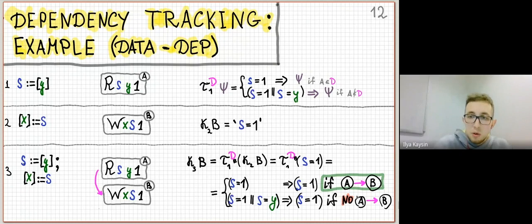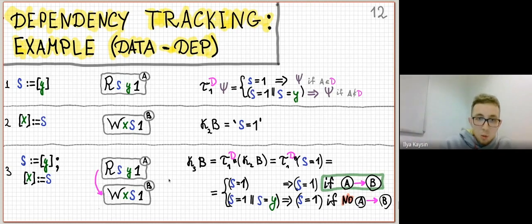But if there is no H from A to B, then we transform s equals 1 by adding premise s equals 1 or s equals y, and this is not a tautology. So if there is no H from A to B, kappa of B is not a tautology, and our consistency predicate rejects this graph, because it requires all the kappas be tautological.